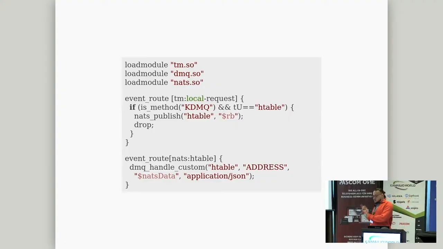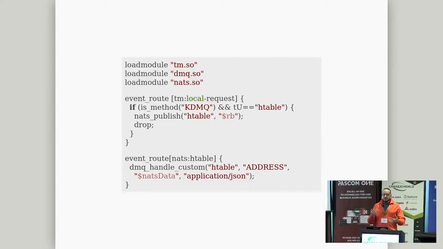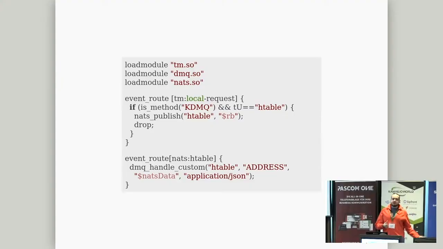What you can do with DMQ, you don't need to replicate it between Kamailios, but you can use the DMQ model to share the data with your web application using, again, Rabbit, Kafka, any MQTT, for example.